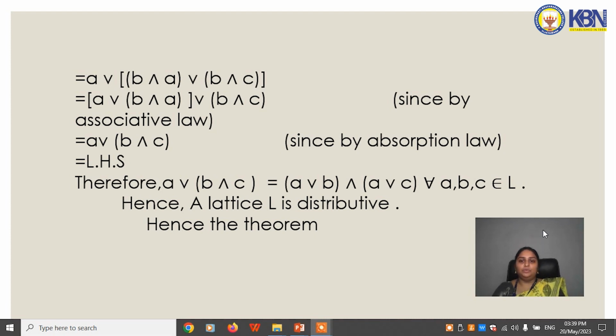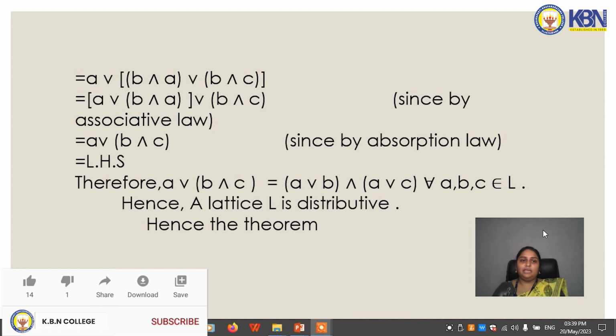Now you can use the associative law. That is (A join (B meet A)) can be written in one set and join (B meet C). Then from the first part, by using the absorption law, A join (B meet A) value can be A, with a join (B meet C).